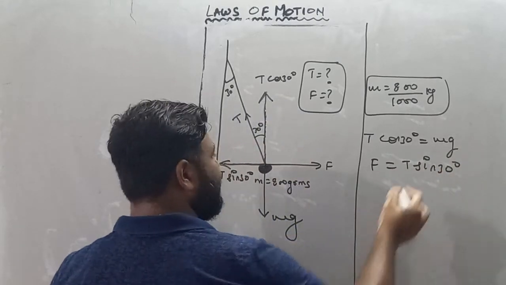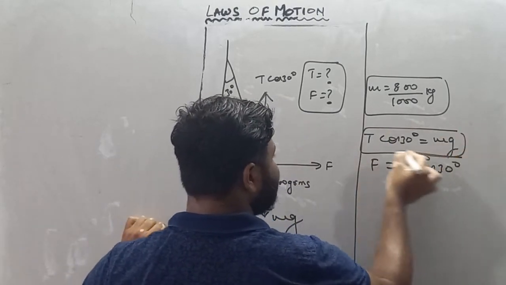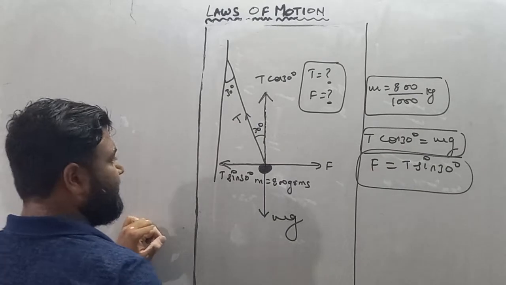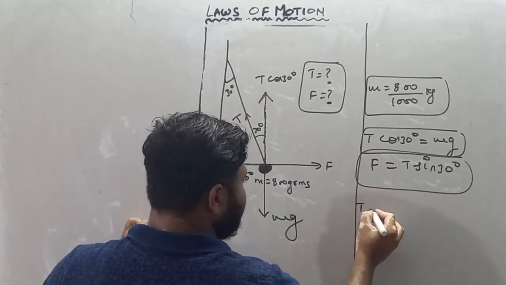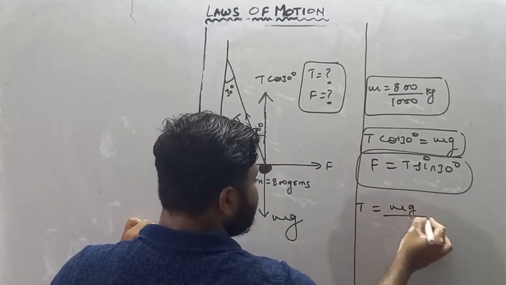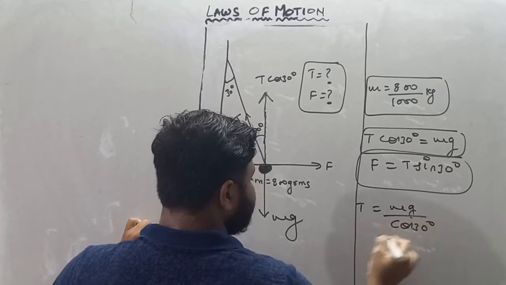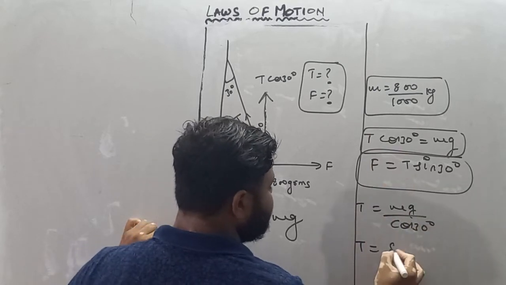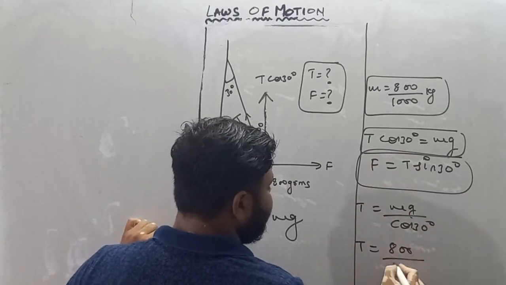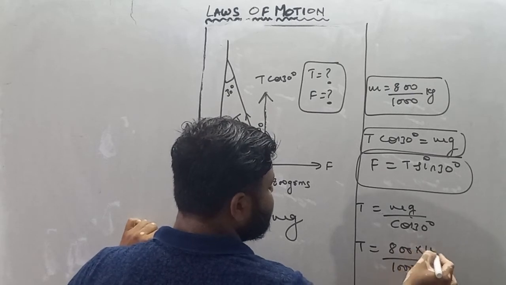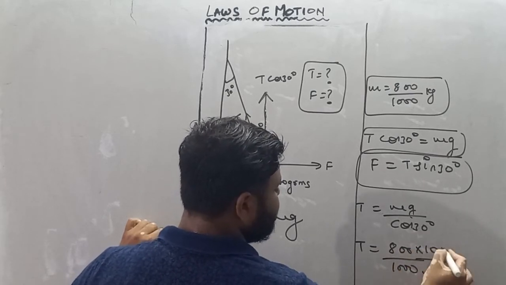So moving forward, my dear student, as we know about mass, so let's find the value of T. So T is equal to mg by cos 30. So T is equal to mg means 800 divided by 1000, g is 10, and cos 30 is root 3 by 2.